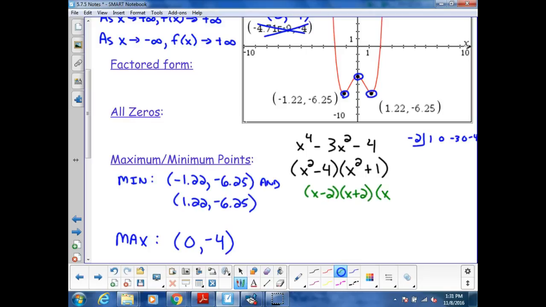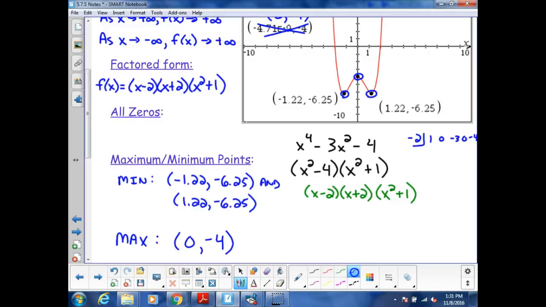X squared plus 1 is not factorable. We want it to be, but it's not. Okay? So that means then that the factored form of f of x is x minus 2, x plus 2, x squared plus 1.